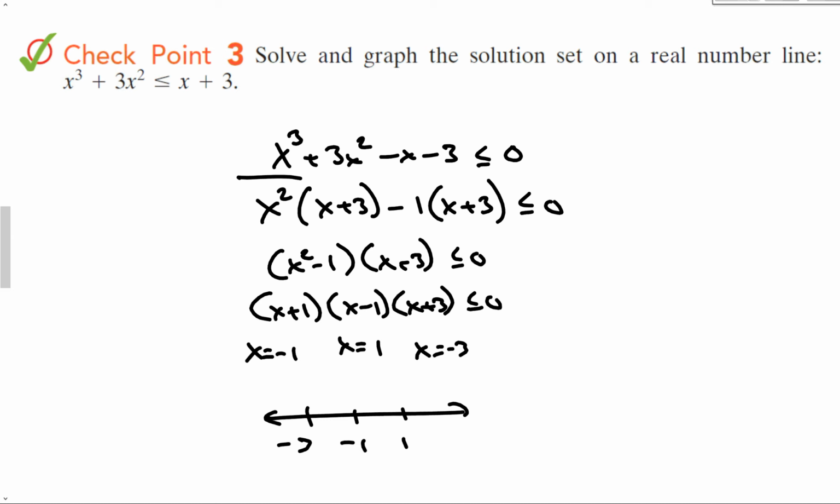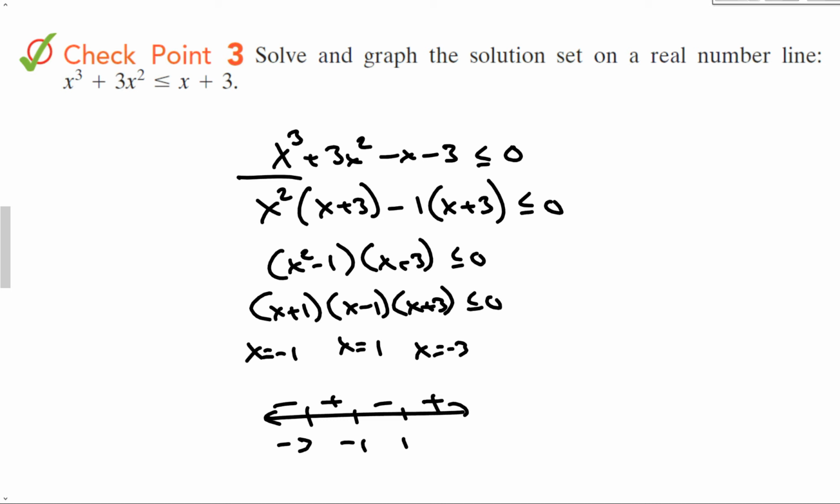The degree is odd, which means I'm going to start going down, and because each 0 happens only once, the polynomial will change signs at every 0. Each 0 has a multiplicity of 1.